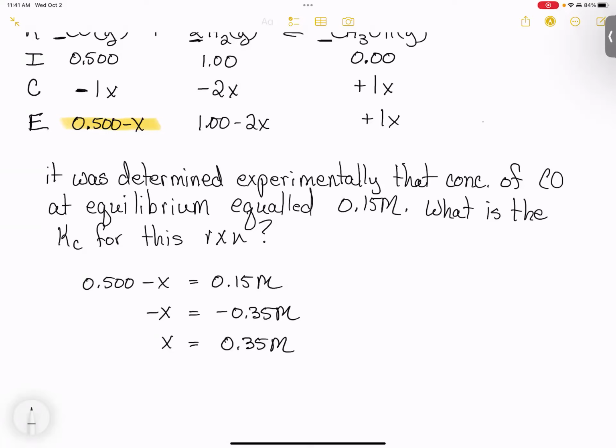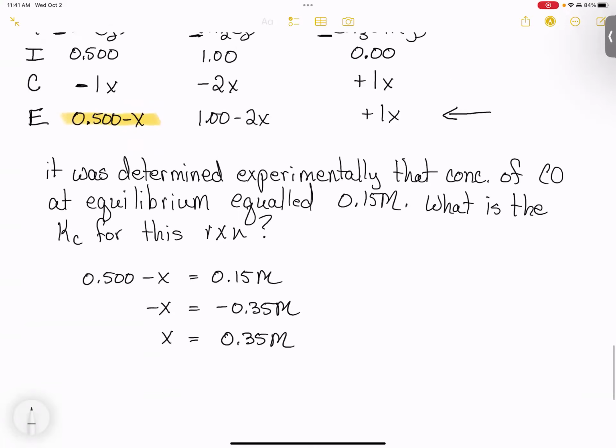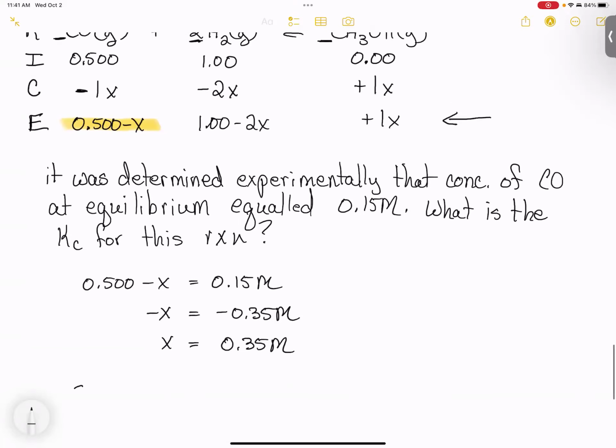So we can now use this information and plug it into our concentrations at equilibrium. The hydrogen concentration was equal to 1.00 minus 2x. So therefore, it is equal to 1.00 minus 2 times 0.35, which should be 0.3.